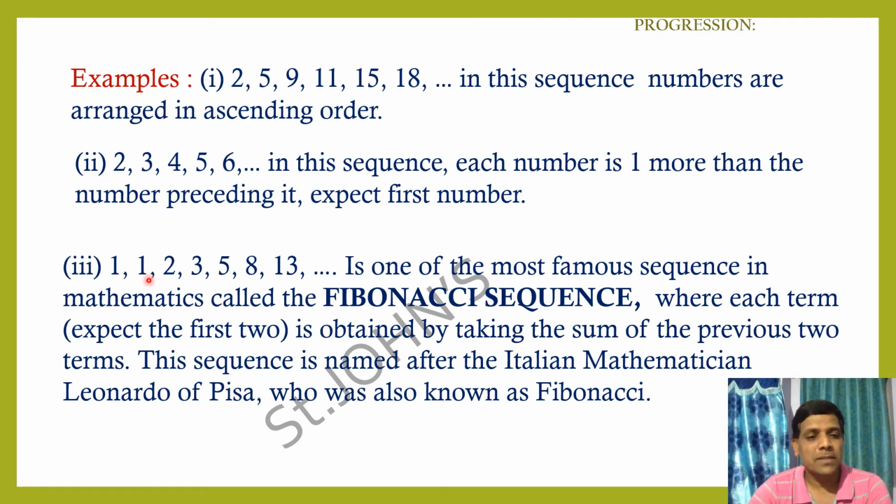Except these two terms, 1, and next, after 1, again 1. 1 plus 1, 2. 2 plus 1, 3. 3 plus 2, 5. 5 plus 3, 8. 8 plus 5, 13. And so on. Again 13 plus 8, 21. 21 plus 13, 34. So on. This is the famous sequence named the Fibonacci sequence. Are you clear?